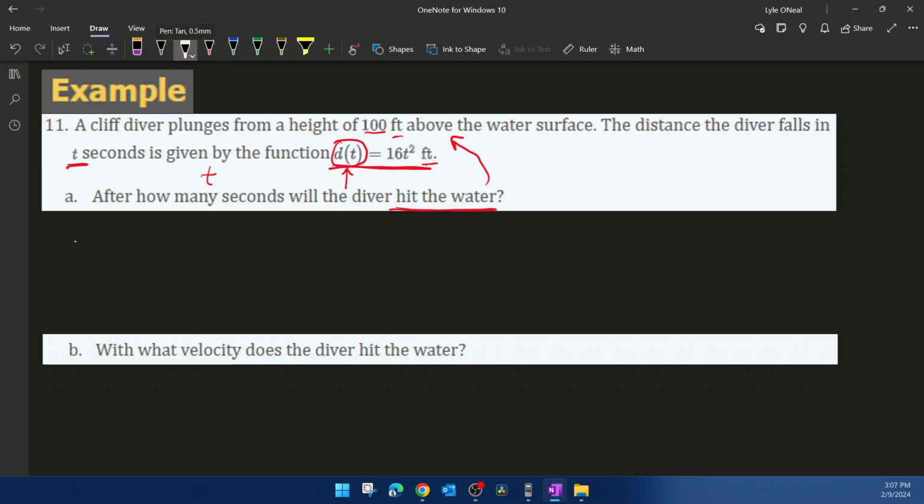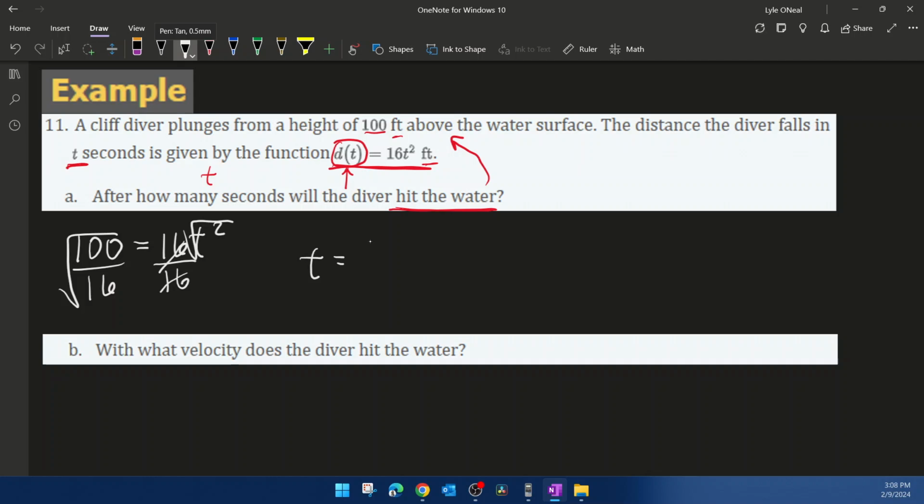If it seems too easy, it actually is. It's too easy here. We're going to replace the distance with 100. We're going to solve for t. Dividing both sides by 16. And then notice all we have to do is take the square root to get rid of the squared. Lucky for us, before we reduce that fraction, those numbers are perfect squares.